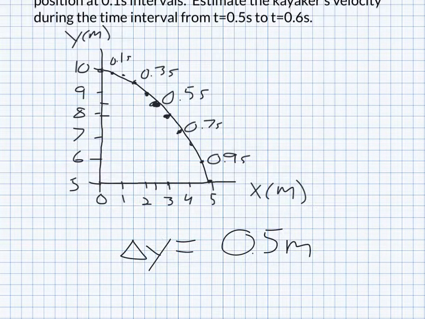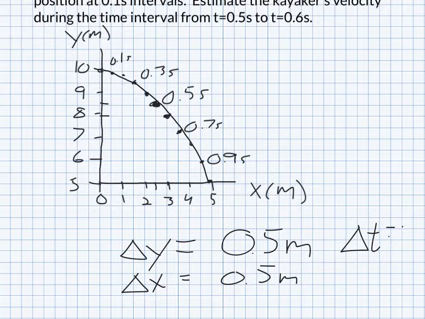So it looks like it's also about half a meter. Delta x would be 0.5 meters. And the time interval there is 0.5 seconds to 0.6 seconds. So we have a delta time of 0.1 seconds. How do we deal with this?